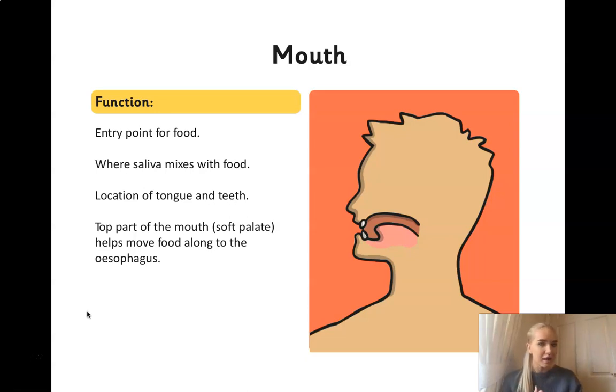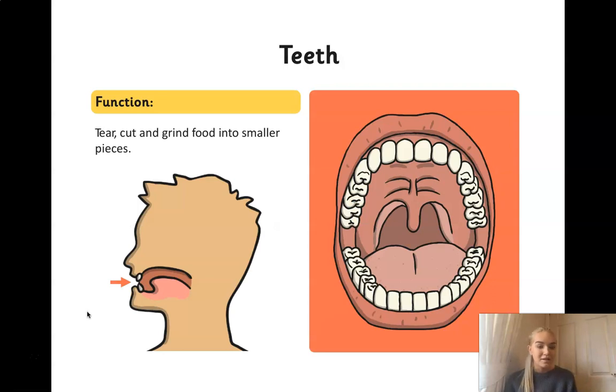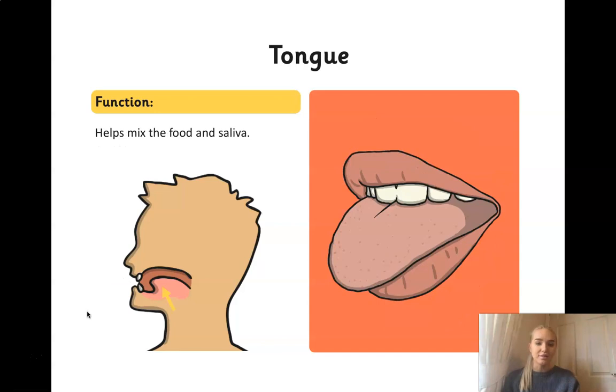But before it does that, our teeth play an important part in the food too, because we know the different types of teeth work together to tear, to cut, and to grind food into smaller pieces to make sure that it's ready to be swallowed and to move down the esophagus. And also, our tongue helps mix the food and saliva together too.